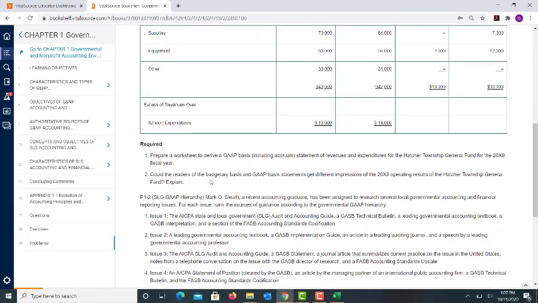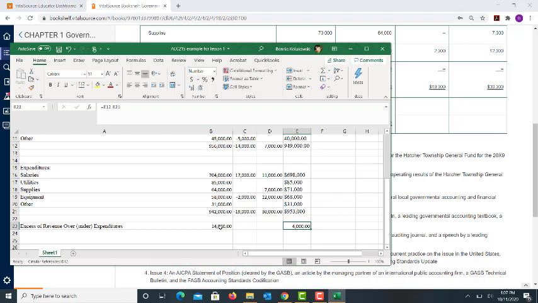The next part of the problem says, could the readers of the budgetary basis and GAAP basis statements get different impressions of 2019 operating results of Hatcher Township General Fund, and explain? So basically, to answer this question, you have to look at these two numbers.